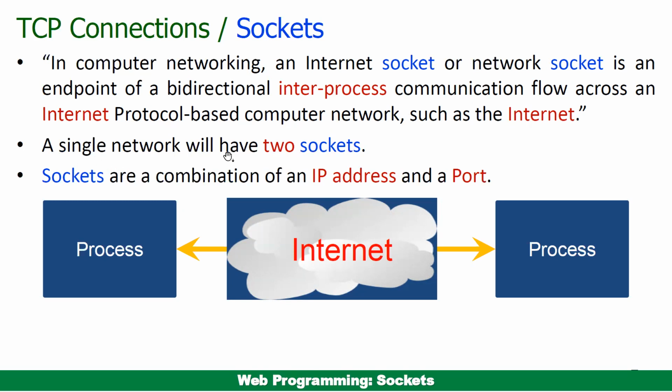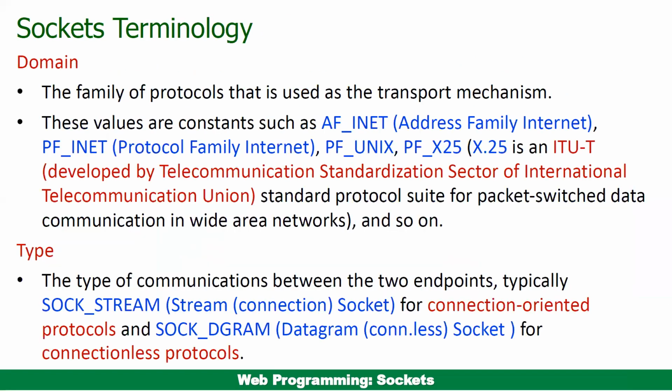A single connection will have two sockets. Sockets are a combination of an IP address and a port. See the following diagram. Here are two processes. Between the two processes, we have the internet connection which connects them. That is a TCP connection with sockets.